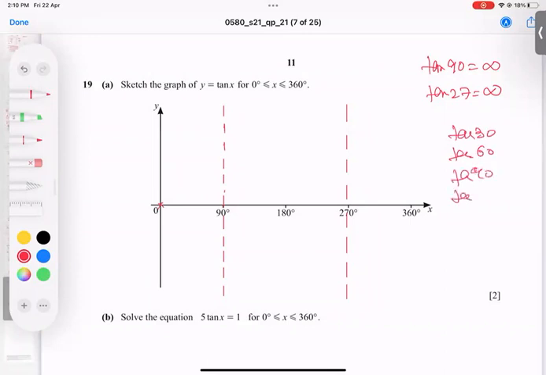Then 90 plus 30 added, so 120, then 150, then 180. Keep on adding 30, 30, and you will see the graph will come like this. Okay, and at 180 it gives you 0, and the graph will be like this.